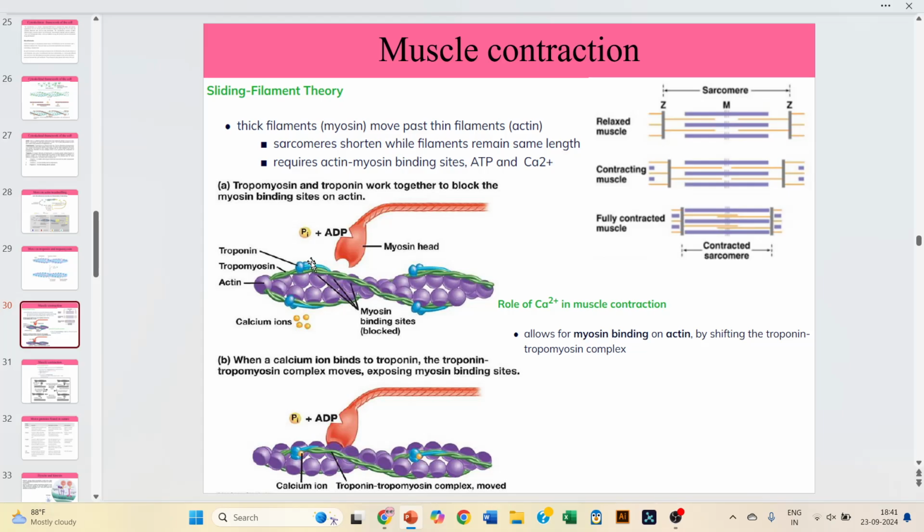Then what happens? There is ATP involved, and calcium 2+ allows for myosin binding on the actin by shifting the troponin-tropomyosin complex. So calcium comes and binds to this troponin C, and then what happens? The troponin-tropomyosin complex shifts, exposing the myosin binding sites.